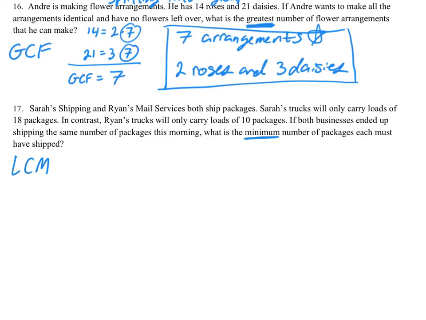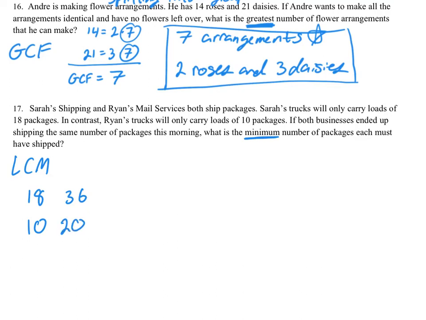That means we need to find the least common multiple of these packages being shipped. Sarah starts with 1 shipment of 18 packages, and Ryan starts with 1 shipment of 10 packages. Then Sarah does a second shipment, and now she's shipped 36. Ryan does a second shipment, and now he's shipped 20.